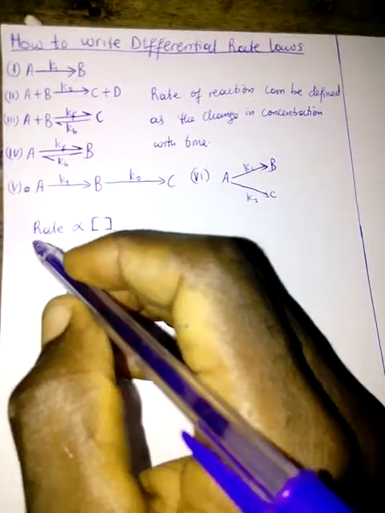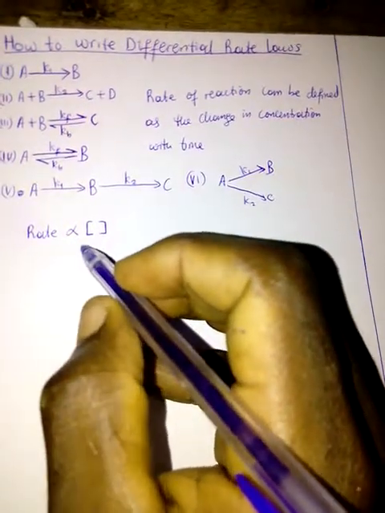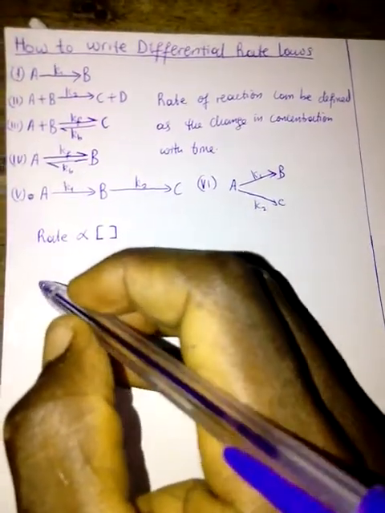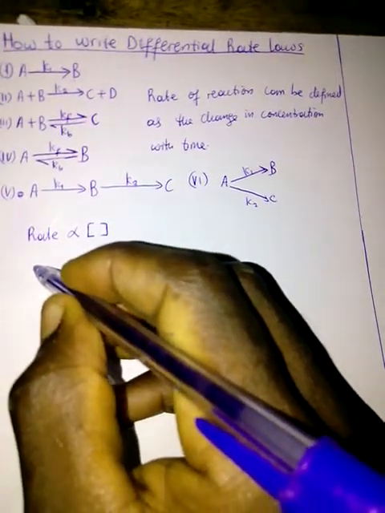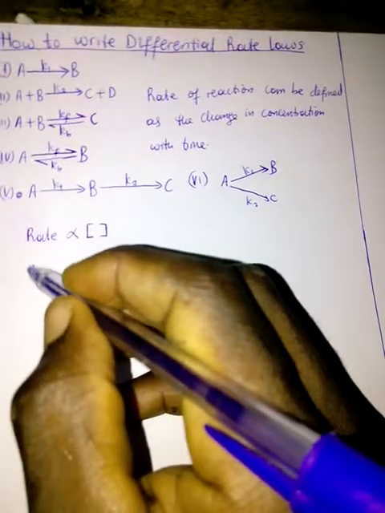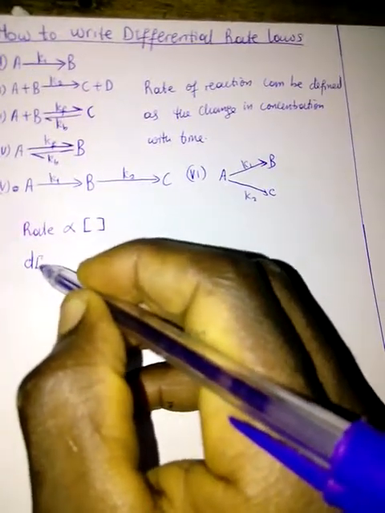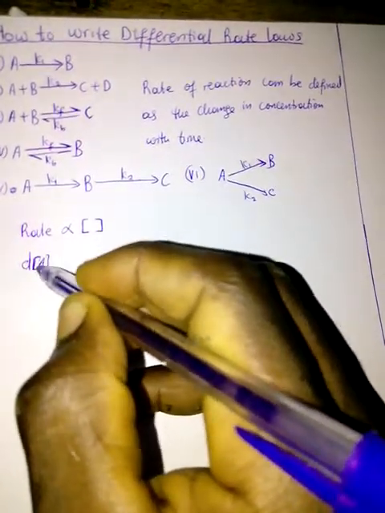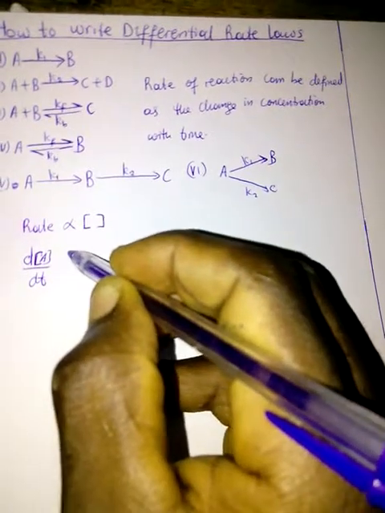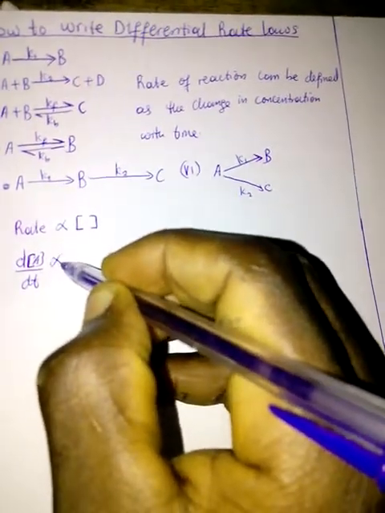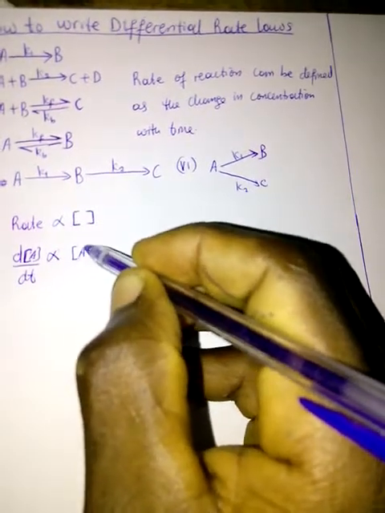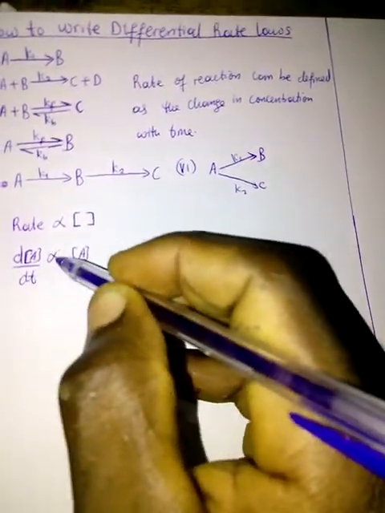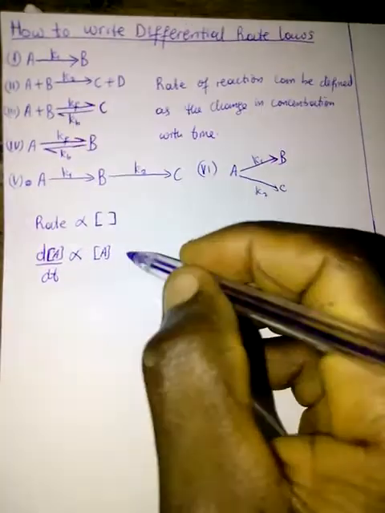I said earlier that rate is proportional to concentration. Therefore, for the first one, rate is the same thing as change in concentration of A, put the bracket, then A in the bracket, with time, varies proportionally to concentration of A. But to remove the proportionality sign, we have to introduce a constant.